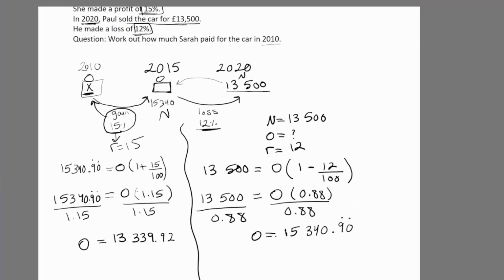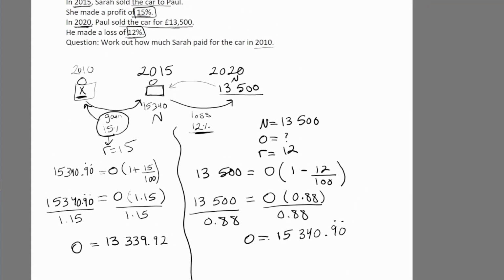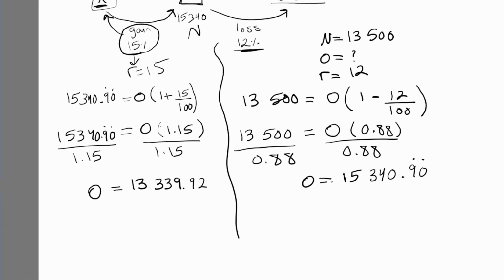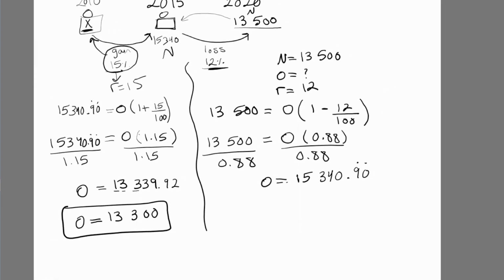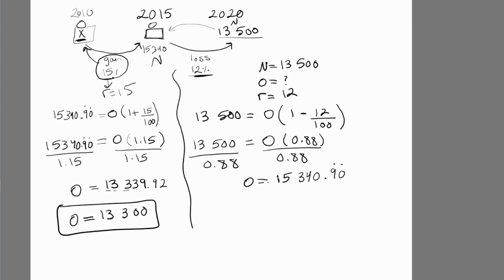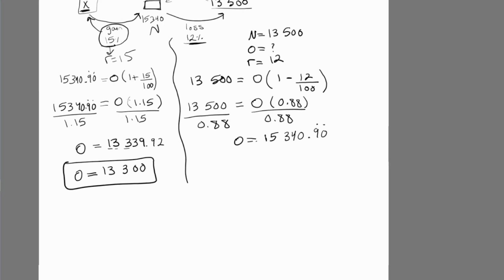Now the question did not specify a rounding, so we're just going to round it to 3 significant figures. And so the final answer is this first significant, second significant, and this is the third significant. So it's $13,300. Okay, so if you understood this, it's good.